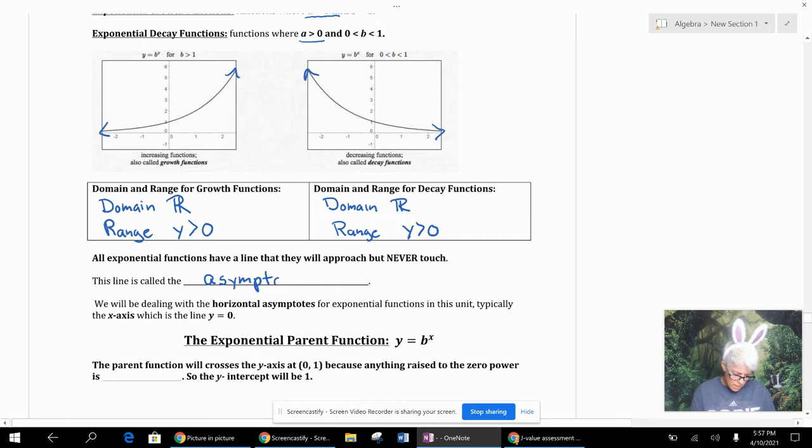A-S-Y-M-P. I'm having to look at my cheat notes because I surely do not want to misspell that. And so it's a horizontal asymptote. The x-axis is a horizontal line that the graph will never touch.